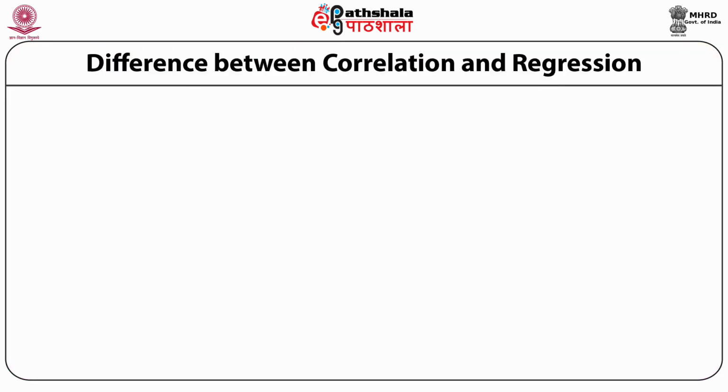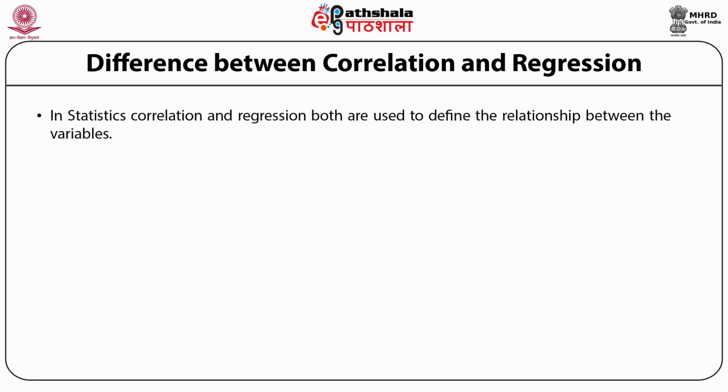Now we are going to discuss the differences between correlation and regression. In statistics, correlation and regression both are used to define the relationship between variables. Correlation tells the degree of correlation between the variables, whereas regression goes one step further.